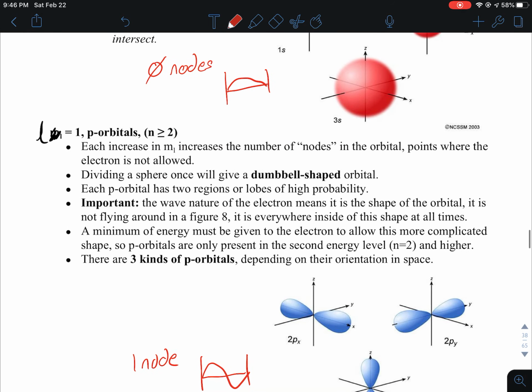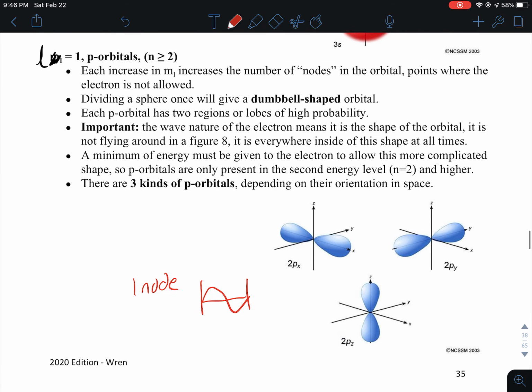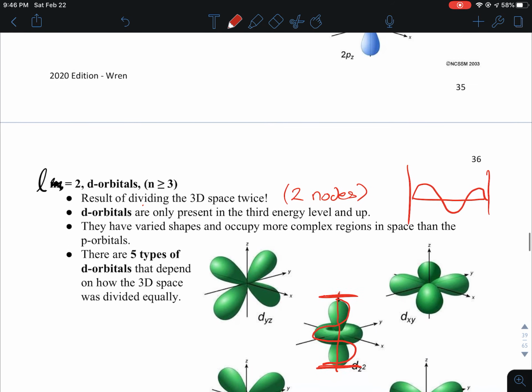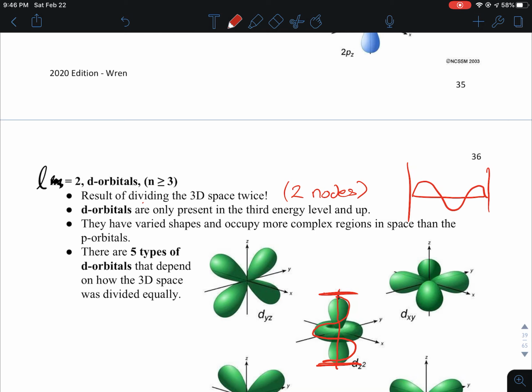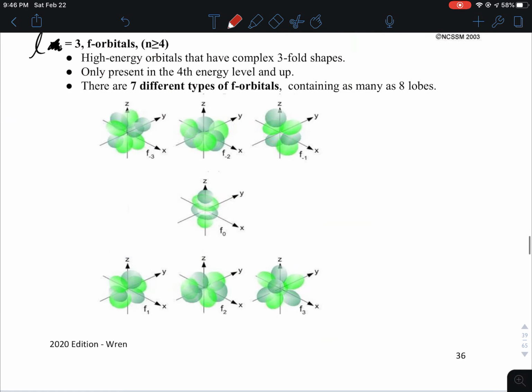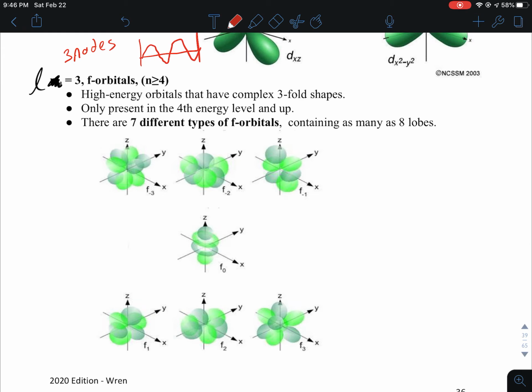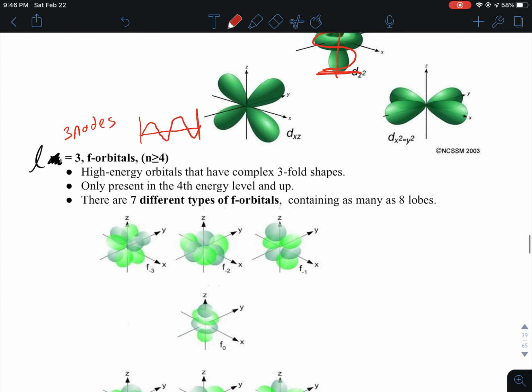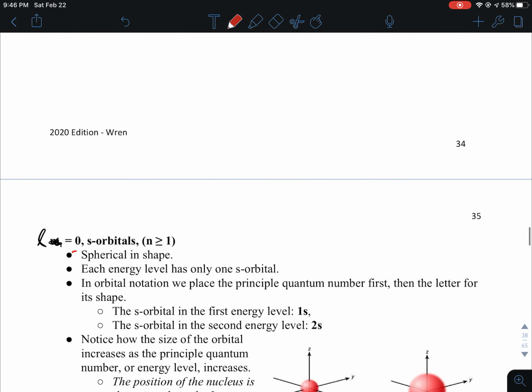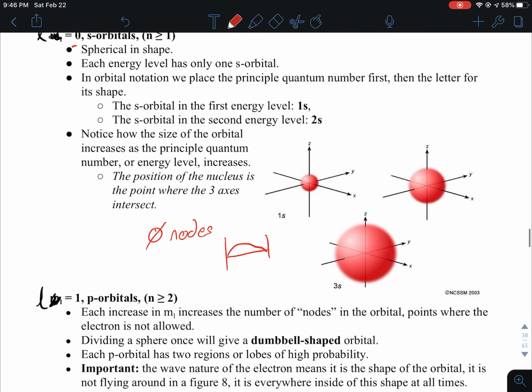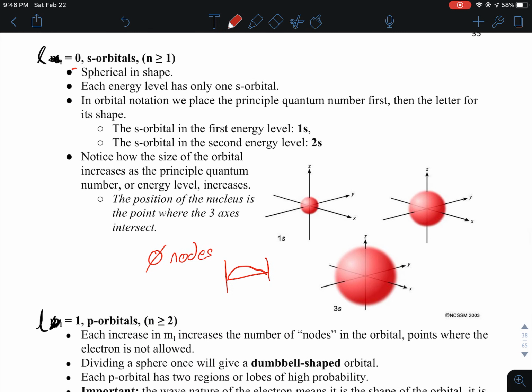But if n equals 2, you can have 1 or 0. If n equals 3, you can have 2, 1, or 0. And if n equals 4, you could have 3, 2, 1, and 0. And these shapes get really weird and complicated, but they are that sort of shape.